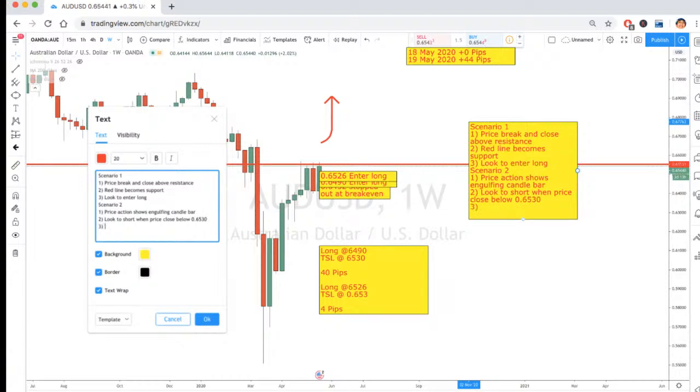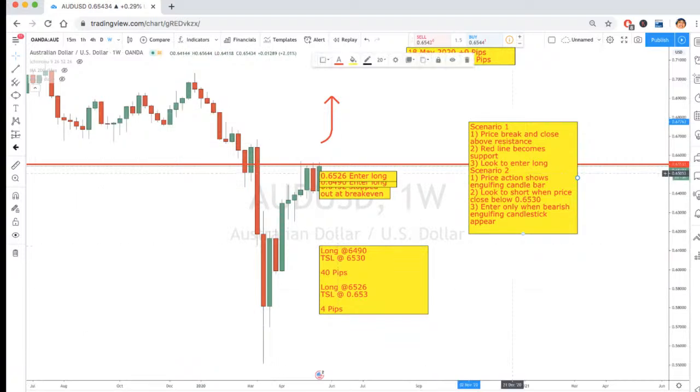Enter only when a bearish engulfing candlestick appears. Okay, this is the takeaway. On 19 May, this is our main takeaway.